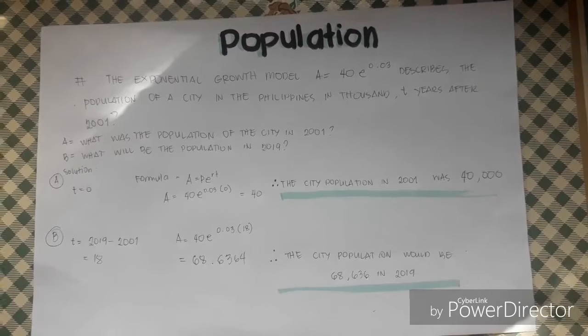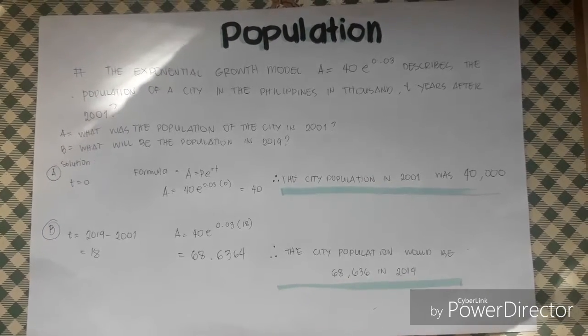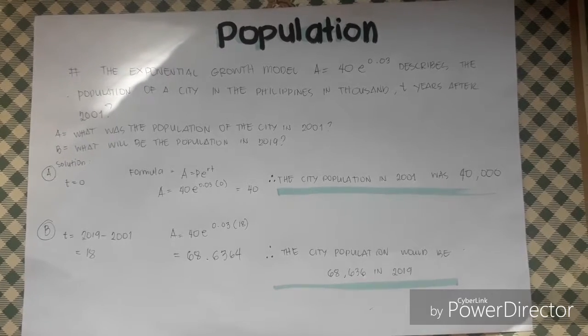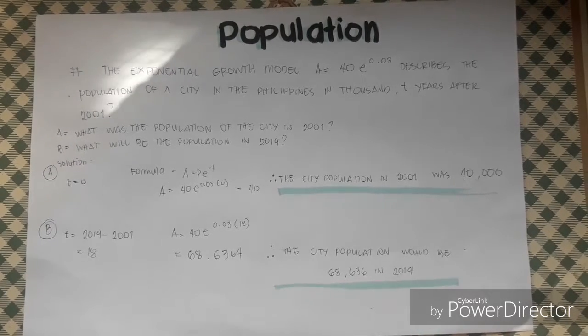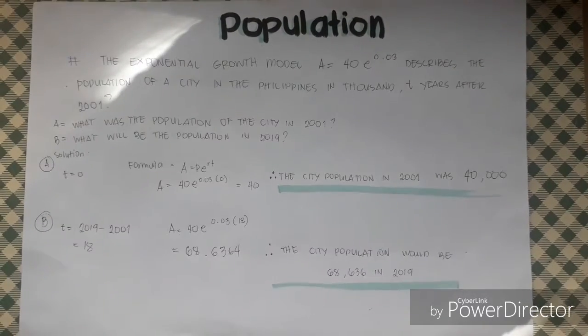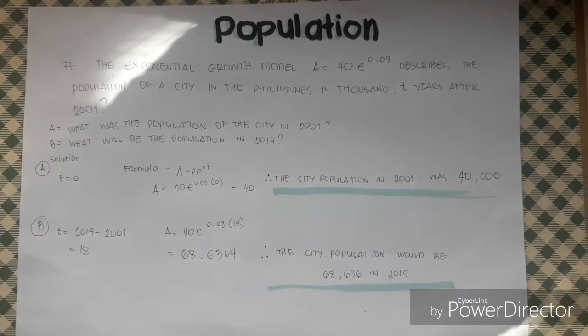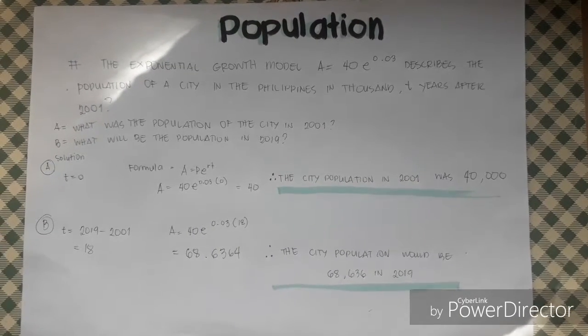Then the answer is equal to 40. But don't forget to change them into thousand, because the problem asking for the population in thousand. Our final answer would be, therefore, the city population in 2001 was 40,000.